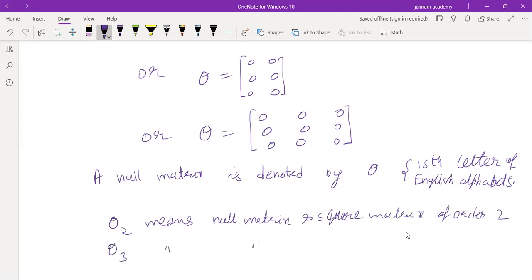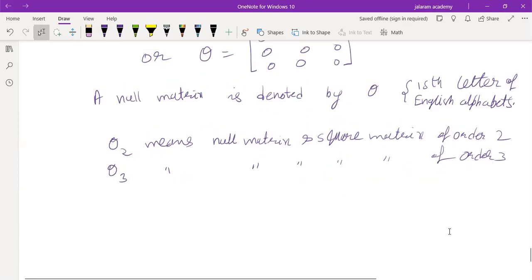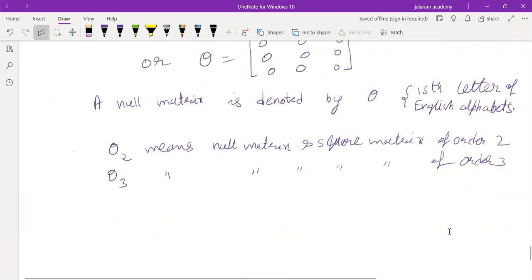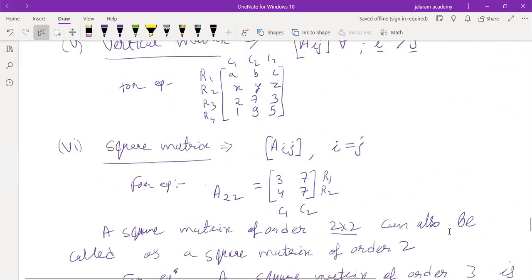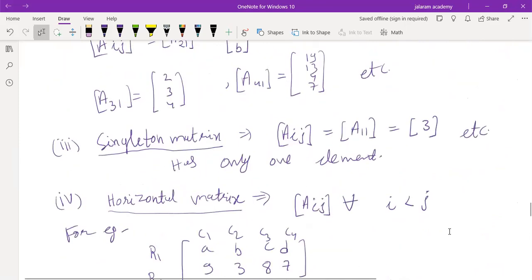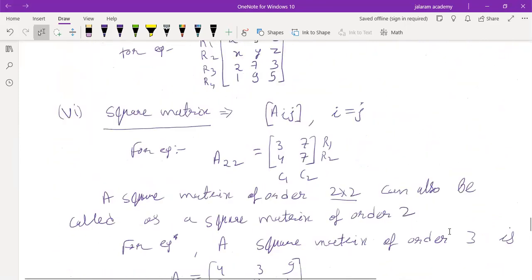It means null matrix and square matrix of order 3. Is that clear to you? Yes, sir. So a null matrix can be a square matrix, horizontal matrix, vertical matrix, singleton matrix, and all the matrices which we have studied before this.